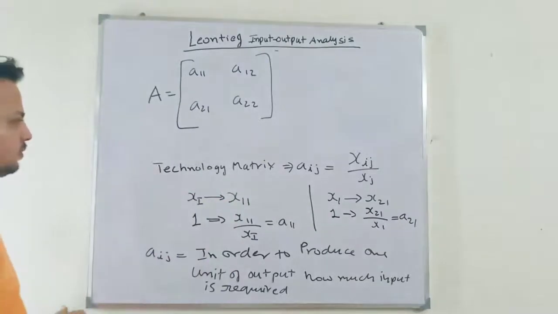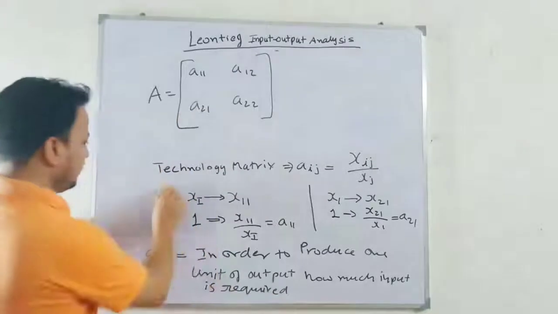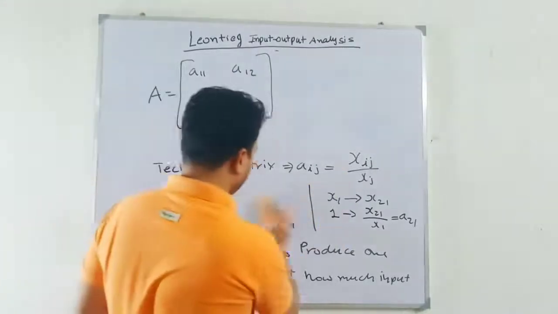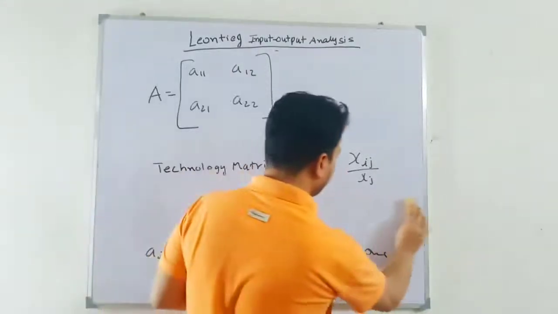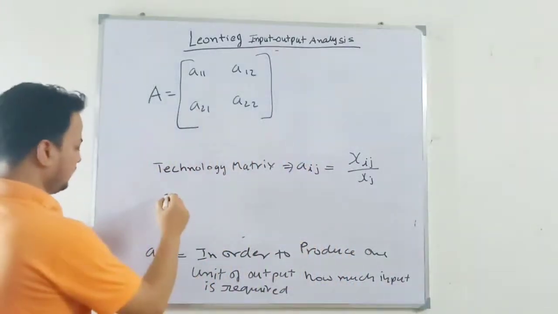What is Xij? I have written that thing, but there is one notation issue, if I remember correctly, because when I am rubbing it I remember.